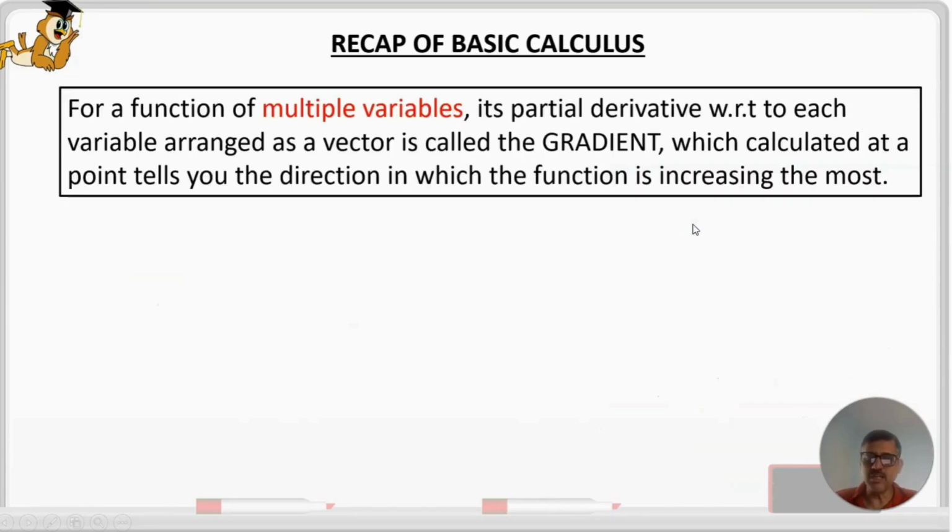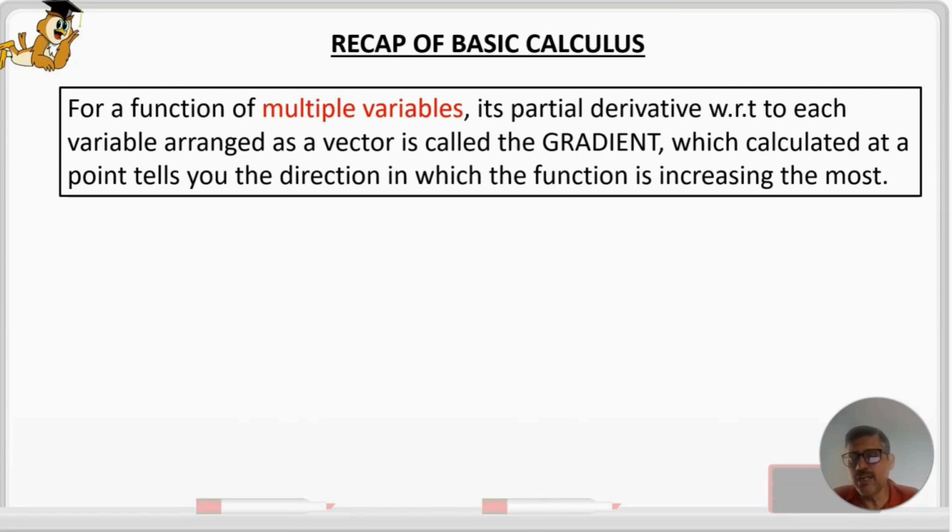Multiple variables. For a function of multiple variables, the partial derivative with respect to each variable arranged as a vector is called the gradient, which calculated at a point tells you the direction in which the function is increasing the most. Very important.